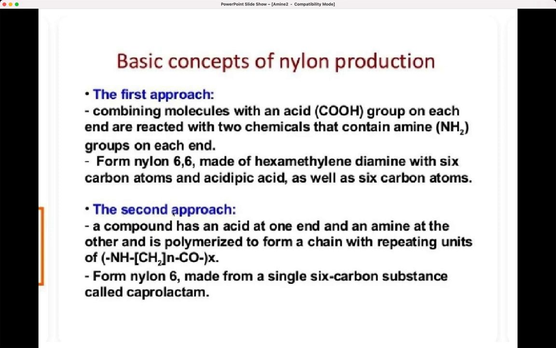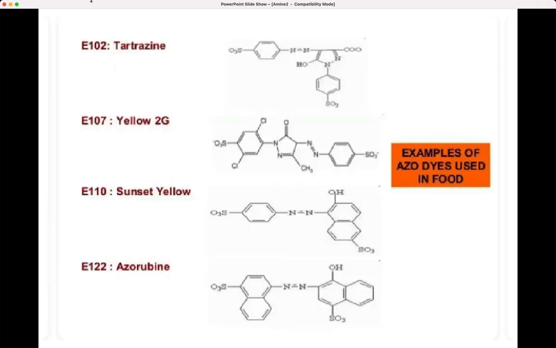Another way is a compound which has an acid at one end and an amine at the other end, that is polymerized to form a chain. This chain will have the repeating unit NH(CH2)n CO, and so it keeps on continuing. Nylon 6 is made from a single 6 carbon substance called caprolactam. Remember that.